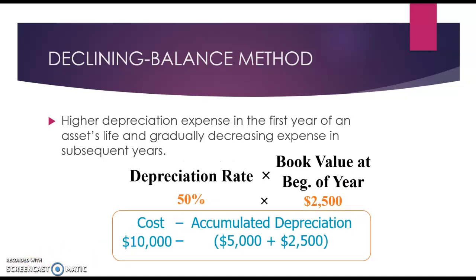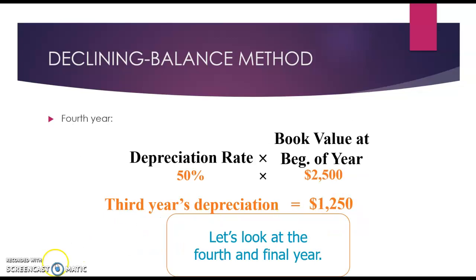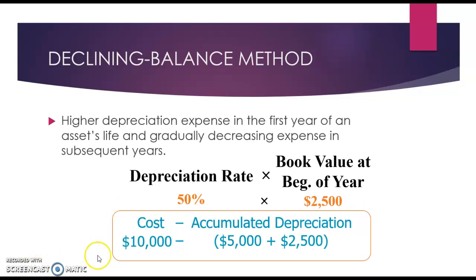For year three, we need to first figure out the book value at the beginning of year three. So we have to take the cost minus the accumulated depreciation from the end of year two. So at the end of year two, we had 7,500 of accumulated depreciation.